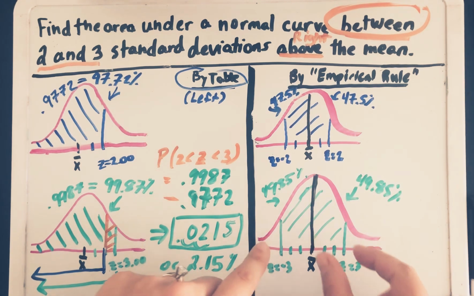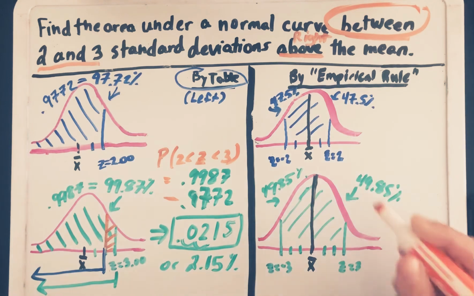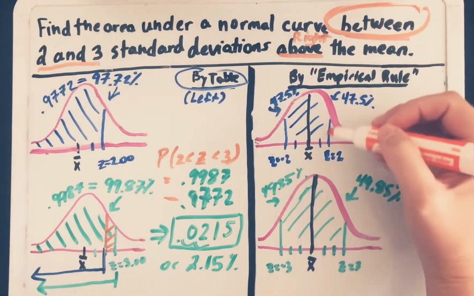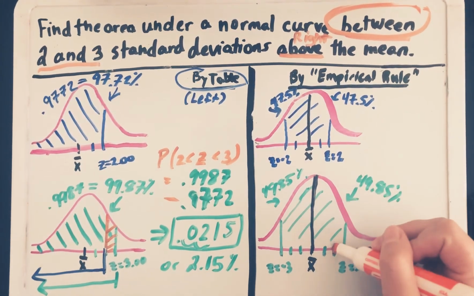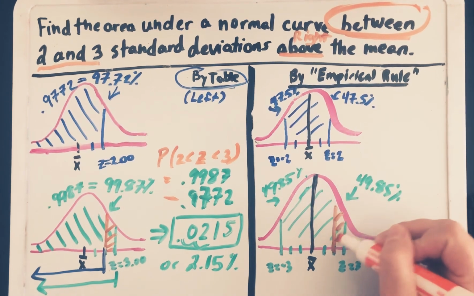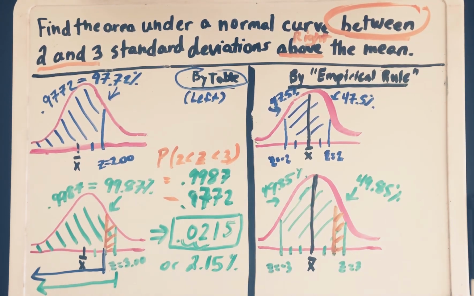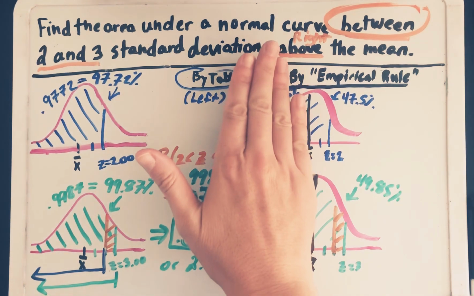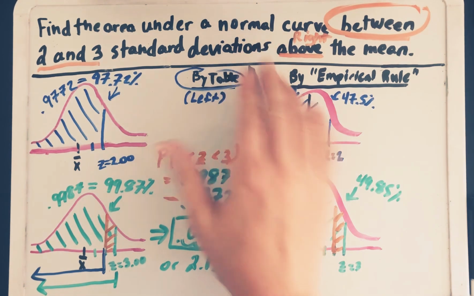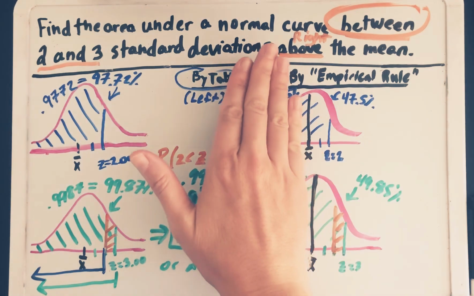So what we're really asking for again is between z equals 2, which is here, and z equals 3. So once again, we're really interested in this between business. How could we do that pretty easily? Well, we could almost ignore the left side, couldn't we? Because if I want to find this little piece, I really don't need to talk about what's happening below.